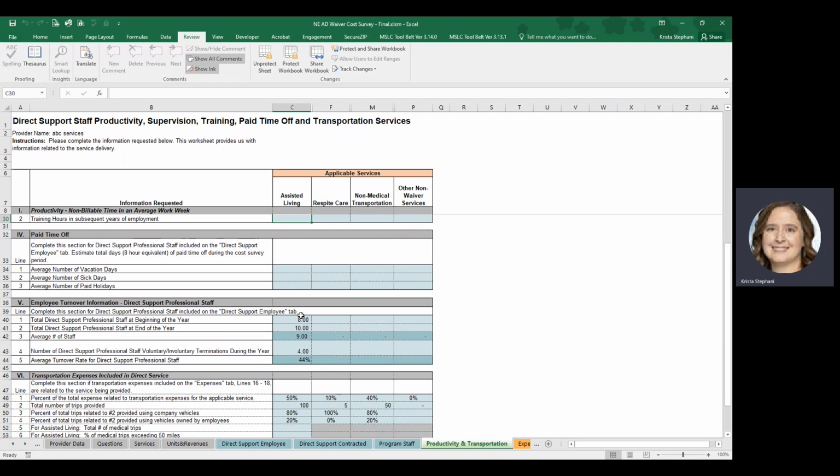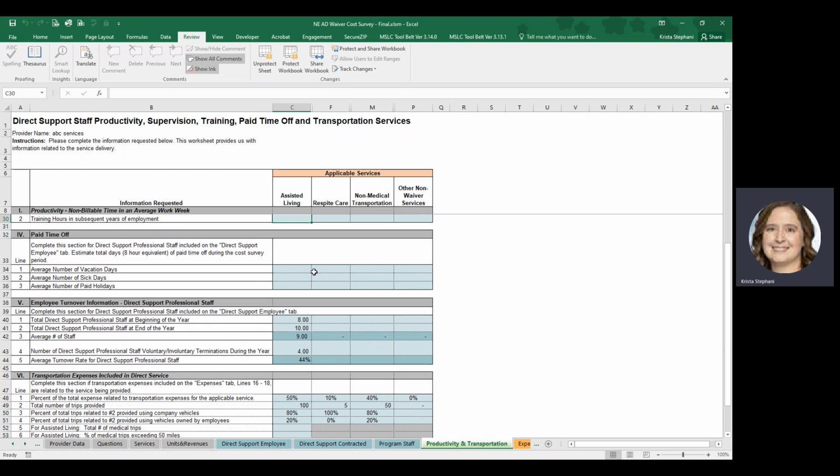The next section is asking you to provide information related to paid time off for your direct support professionals. As we all know, everybody needs to have time away from their job. But in the service world, not only are you paying for a direct support professional to be away from the job, but you have to find somebody to replace them.